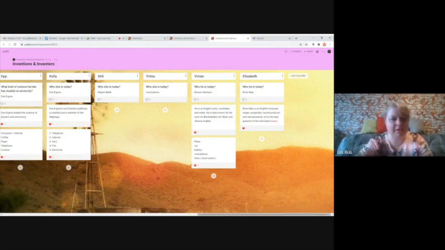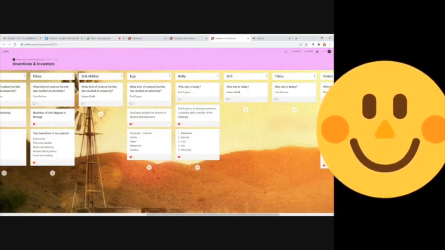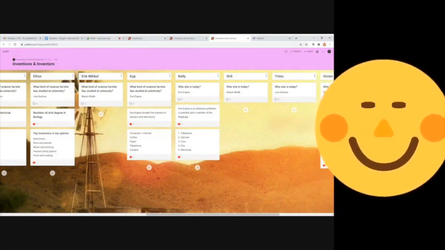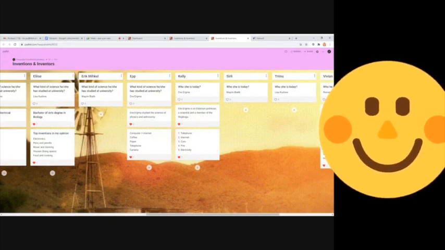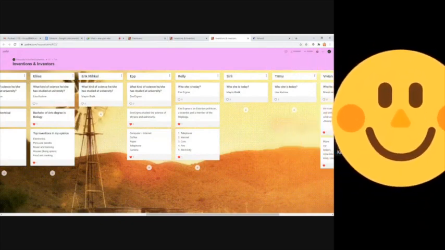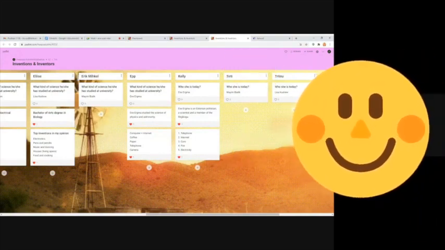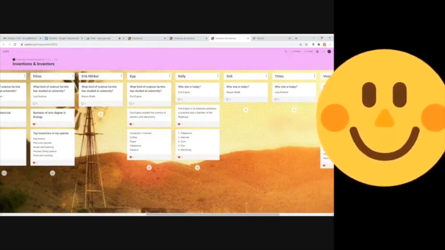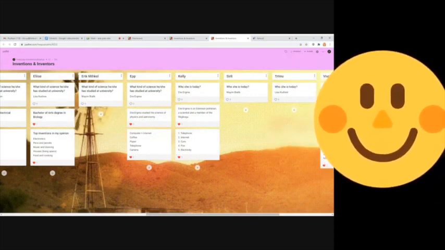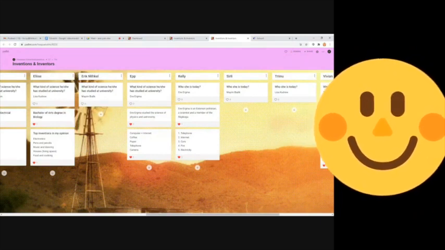Kelly, please comment your list. The first thing is telephone, because it made it easier to communicate. Then it's the internet, because I think it's good for getting information and sharing the news, and also for communicating.